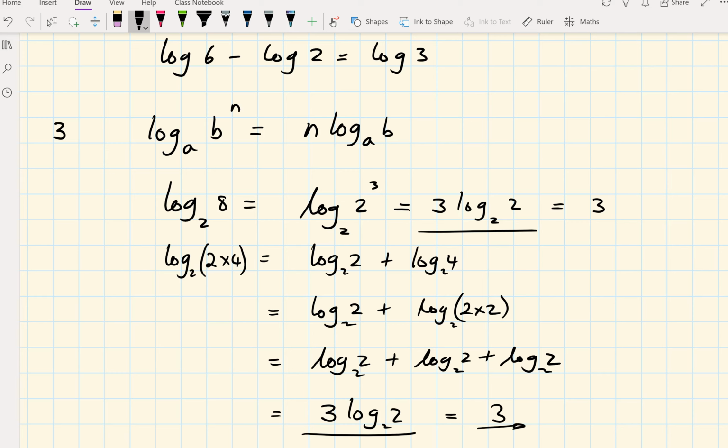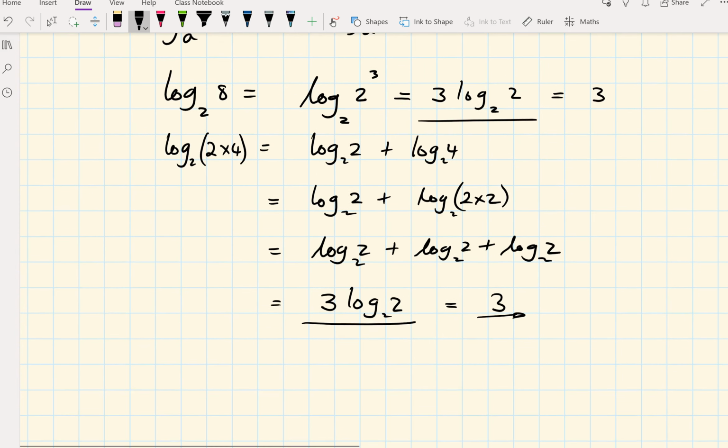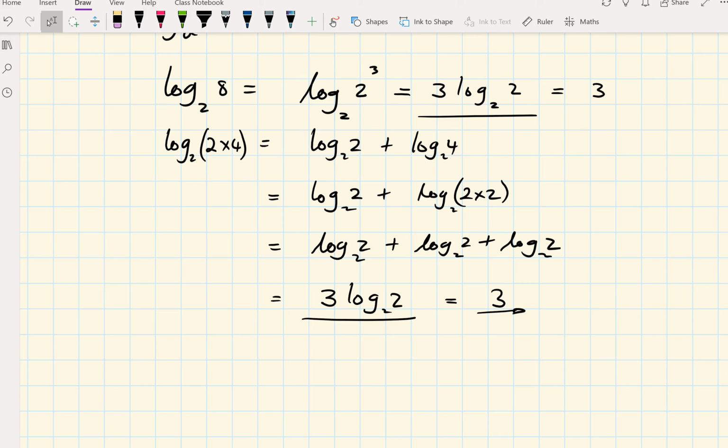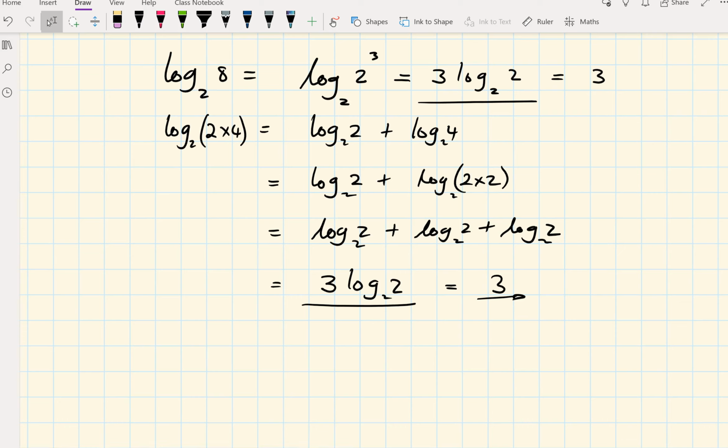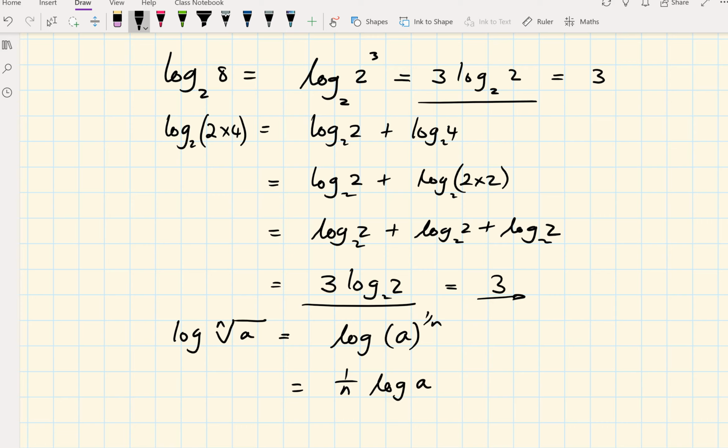So there's our third law, and I say that law we're going to use quite a lot. It has a slight adaptation as well that we can look at, and that is if I've got log of the nth root of a, well, that I'm simply going to rewrite as being the log of a to the power 1 over n, and that's going to be rewritten as 1 over n log of a.